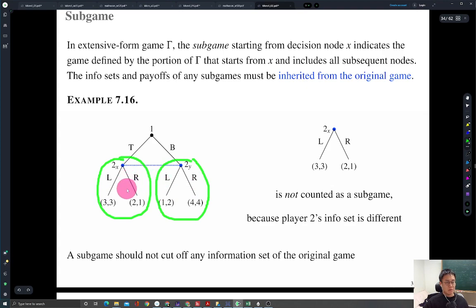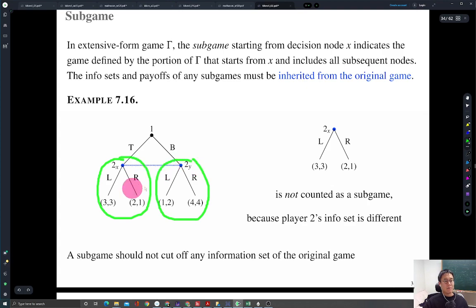But if we take this one and look at this subgame, now it seems like player 2 can distinguish X and Y, although in the original game player 2 cannot distinguish X and Y. So it should not be counted as a subgame because in the original game we have just one information set for player 2.